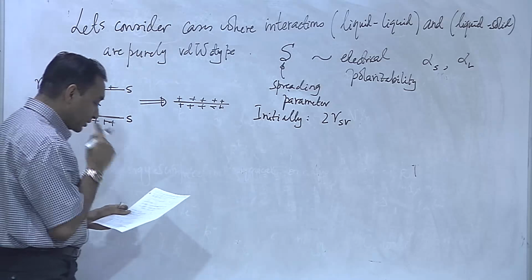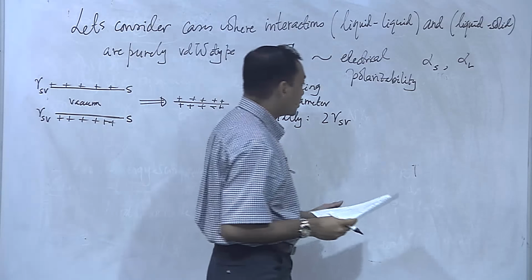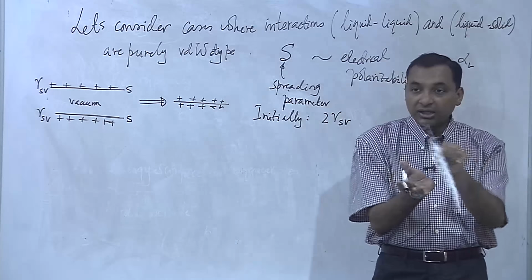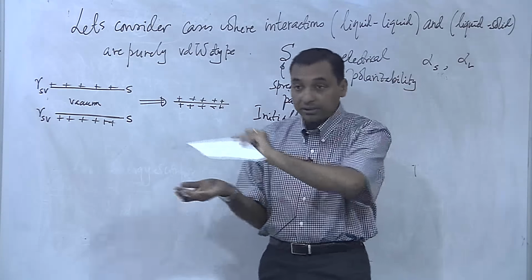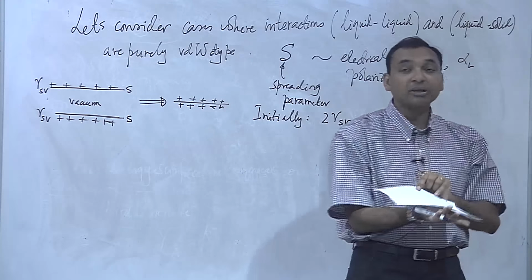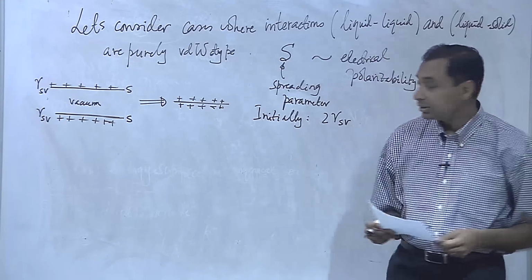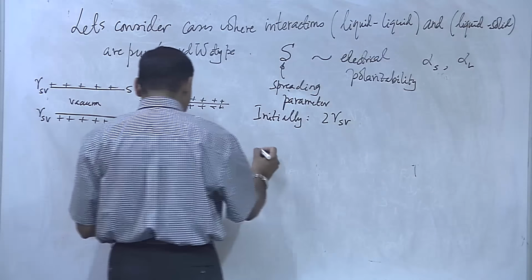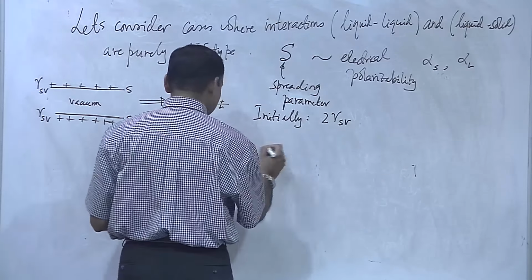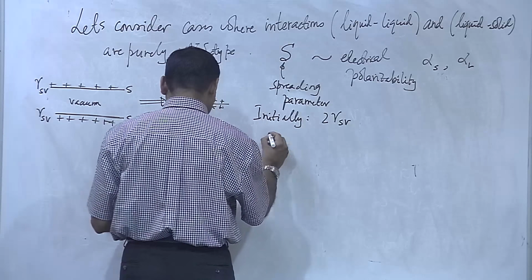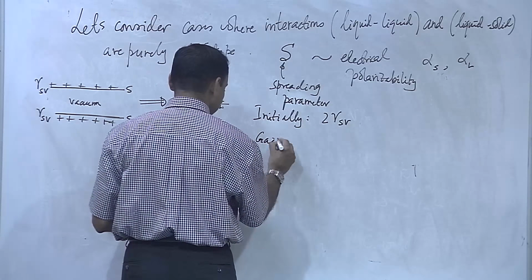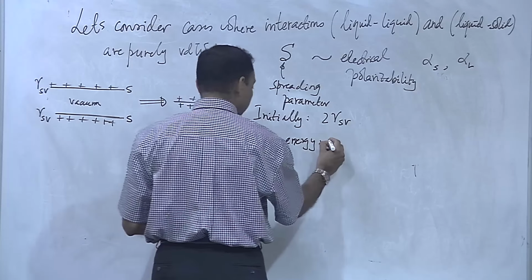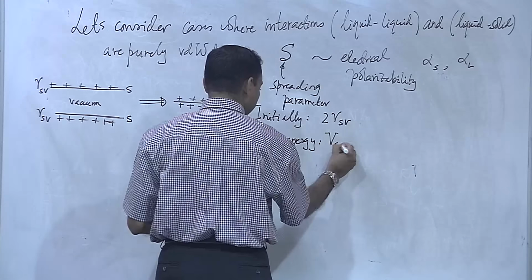So, upon merging, when they are close together, as I mentioned, they only have van der Waals type of interaction. So, let us consider that on merging, say they gain energy which is purely van der Waals, which is VSS.